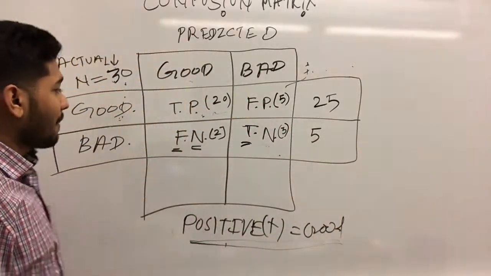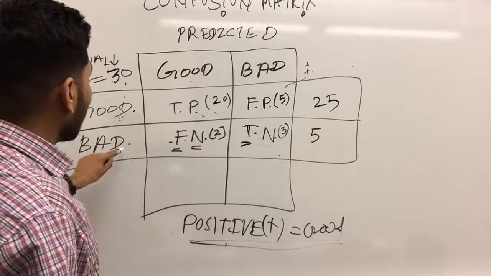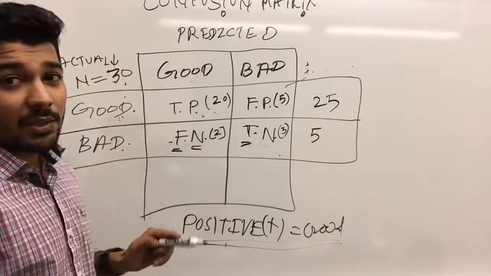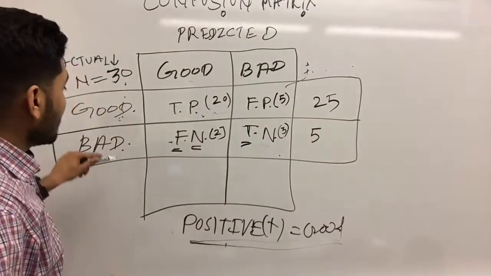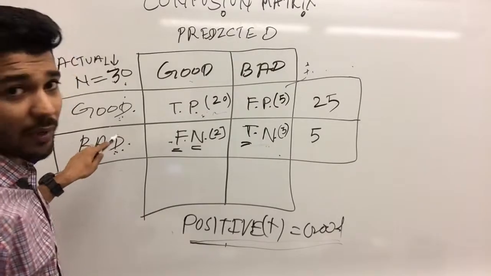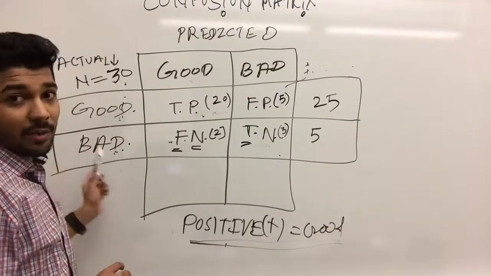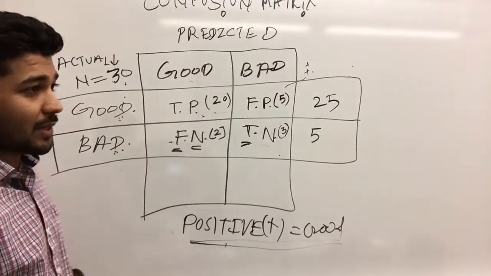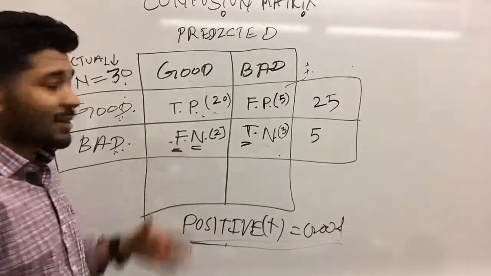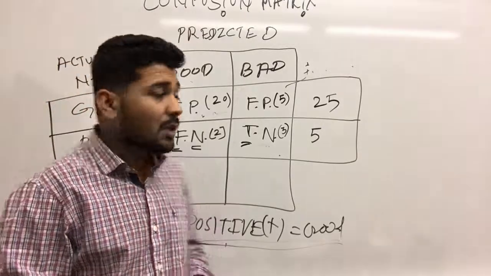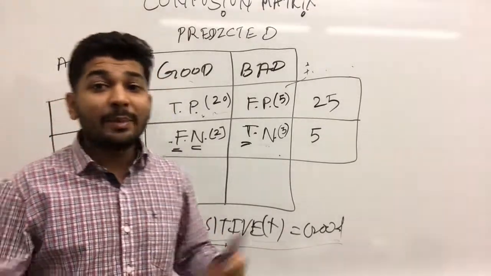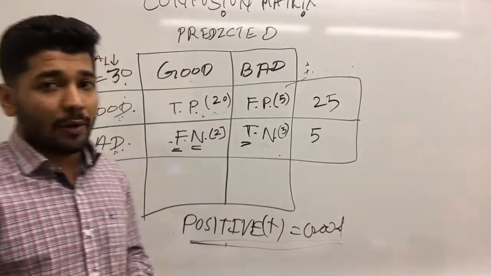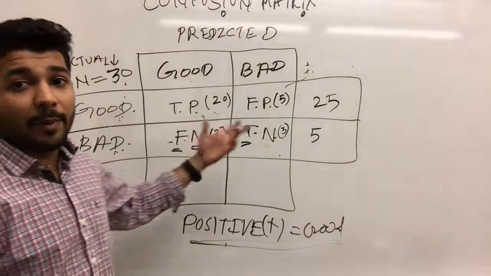Now come to this example, classifying a bad customer as a good customer, which means the actual class of this customer is bad, but our model says it's good, and there are 2 of these customers. So what is a bad customer likely to do? A bad customer may be eligible for $10,000 of credit, and they will never pay it.